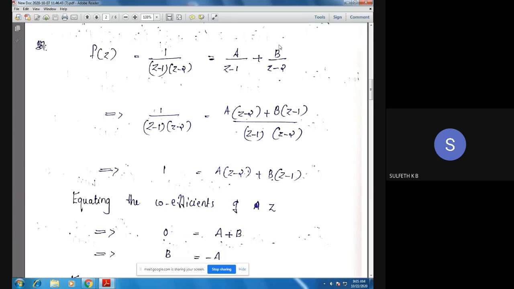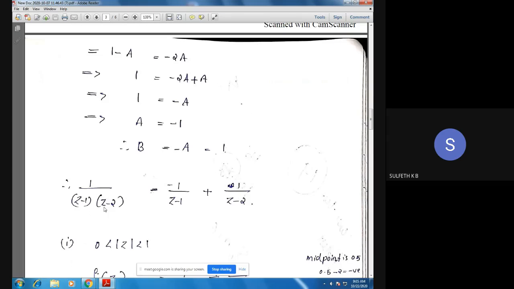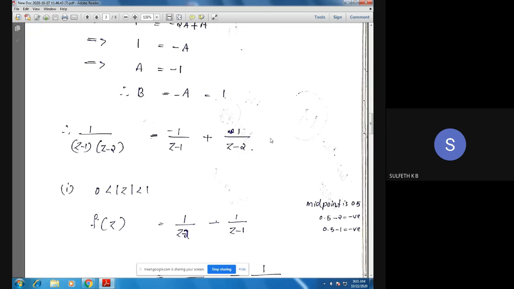Therefore, we can replace the values of a and b here: a equal to minus 1 and b equal to plus 1. So this is our function f of z, equal to minus 1 divided by z minus 1 plus 1 divided by z minus 2. Clear?